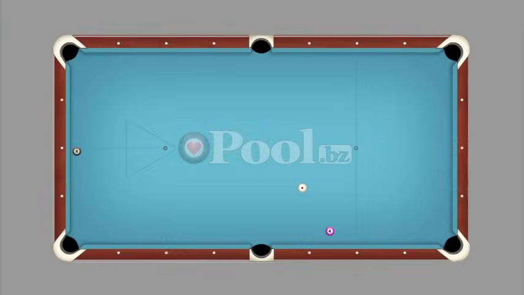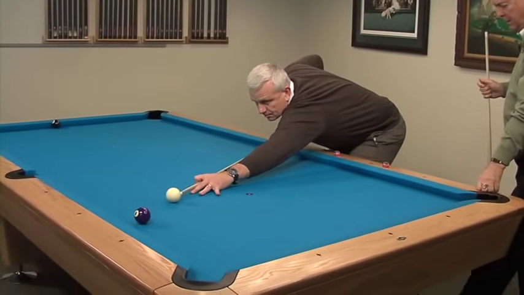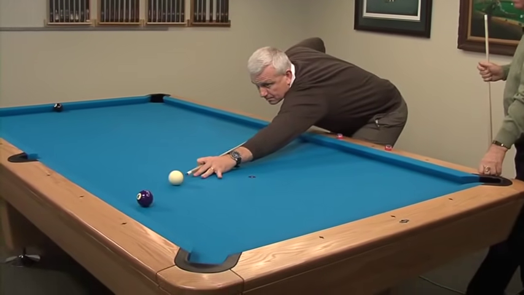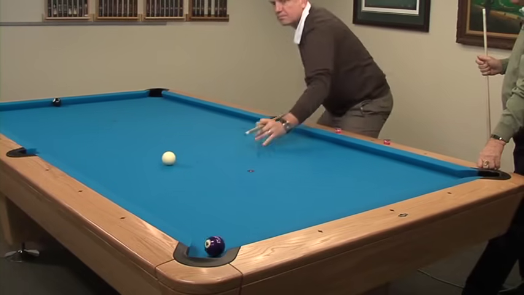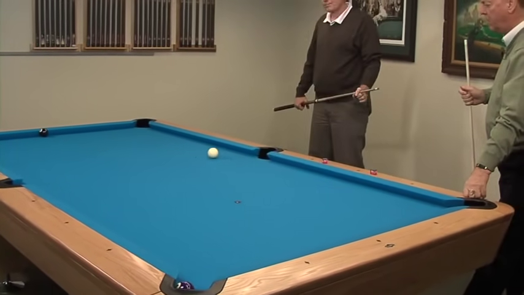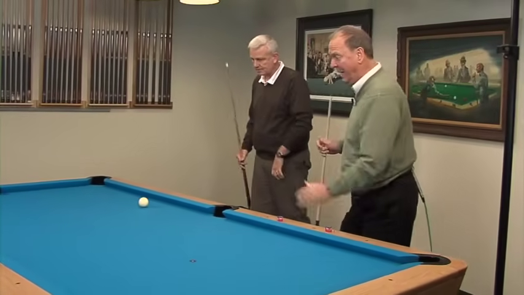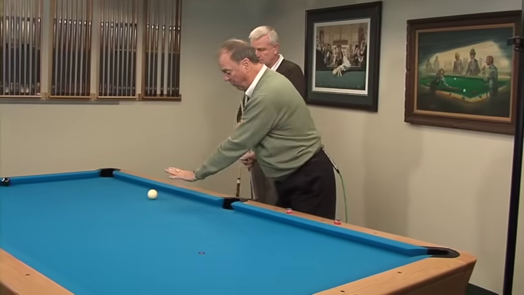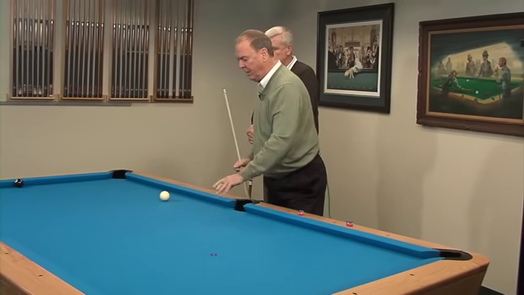So a pro will just take this and accept it. Accept the shot. That's the best way to do that shot. It's impossible to get back any farther, so a pro will just accept this shot. But it's a very touchy speed shot.